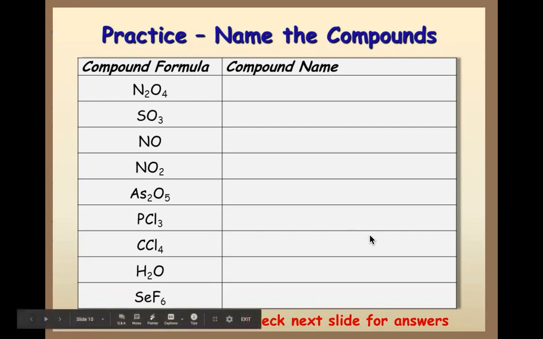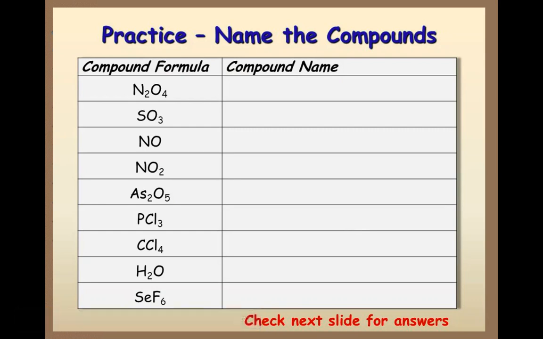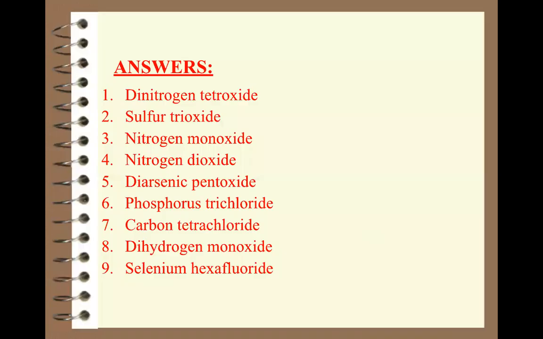Okay, here you go. The answers. Ready to check the answers? Better you write 1, 2, 3, 4, 5, 6, 7. So it will be easy to check. So first one, dinitrogen tetroxide, sulfur trioxide, third one, nitrogen monoxide, fourth one, nitrogen dioxide.